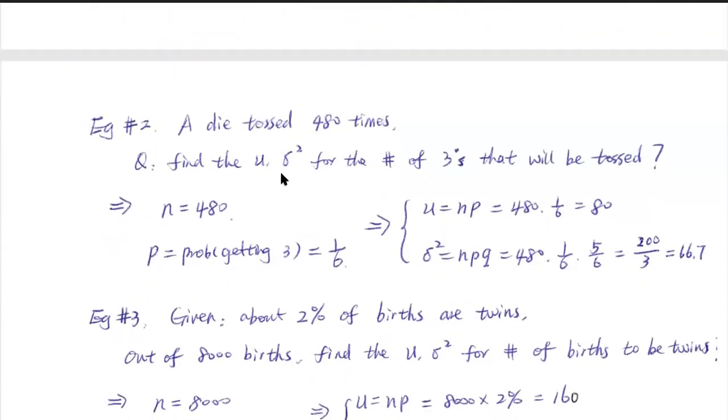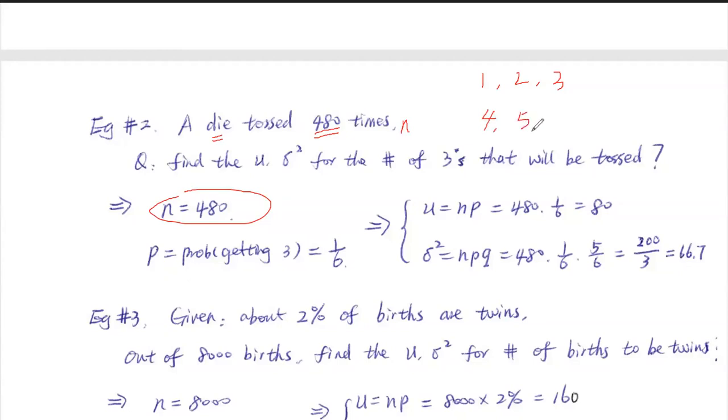So a die is tossed 480 times, right? That's the n here. The trouble here is, if you toss a die, everybody, what are the possible outcomes? You have 1, 2, 3, 4, 5, 6.